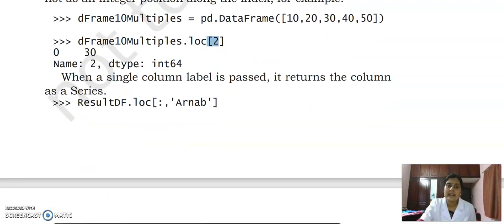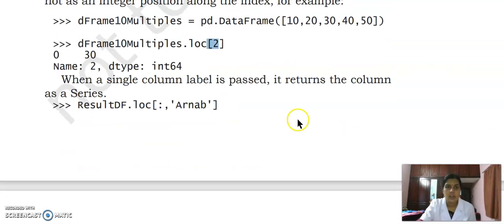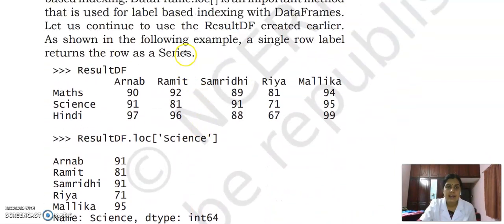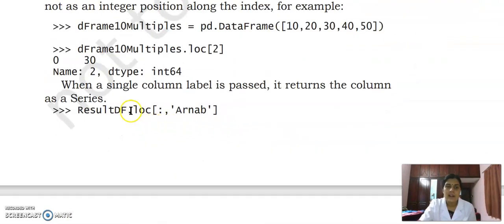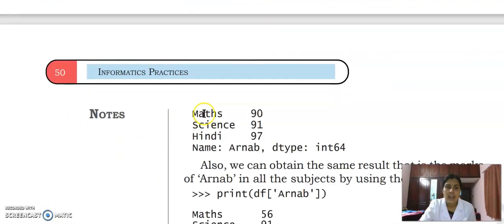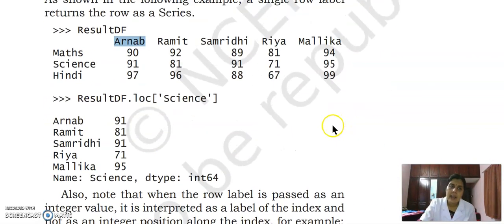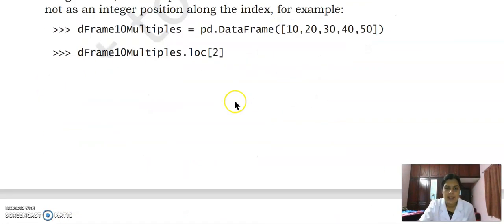Then we can get the column value; we can pass the column label also. For example, we are passing Arnab. Arnab is a column label. If we are passing result df dot loc of Arnab, what will be the answer? Arnab's marks: Maths 90, Science 91, Hindi 97.